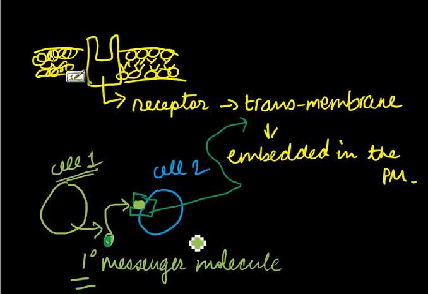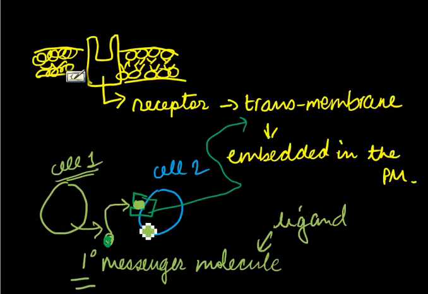Okay, this binding of the, did I say receptor instead of messenger? I probably did, so make sure you get the right terminology. So this messenger molecule, or something that binds to a receptor, is also referred to as a ligand.